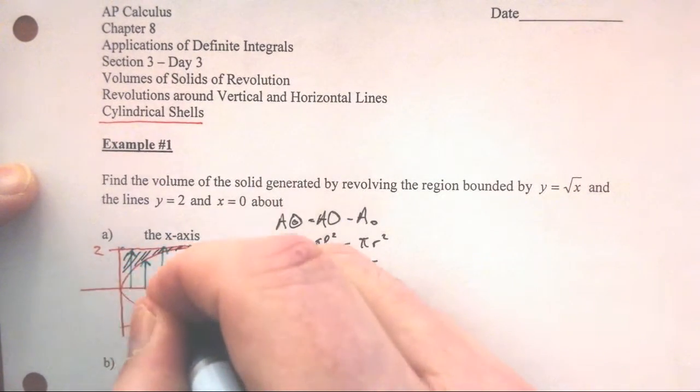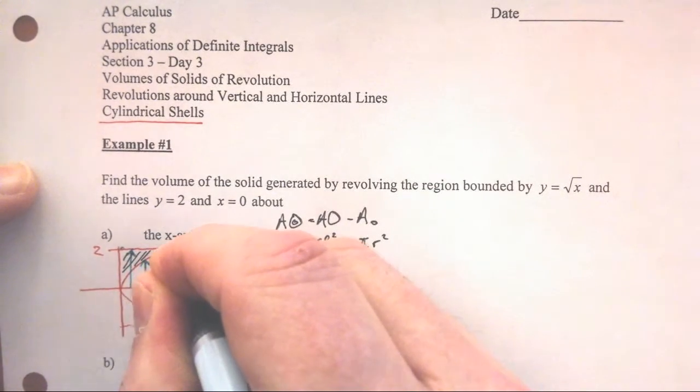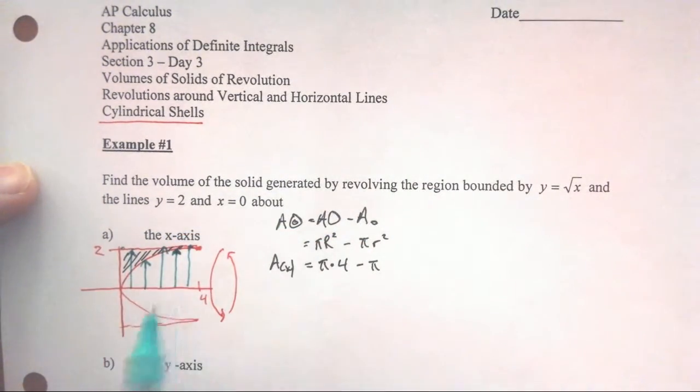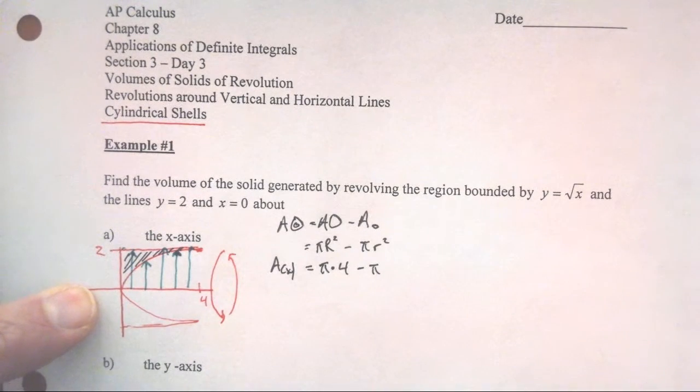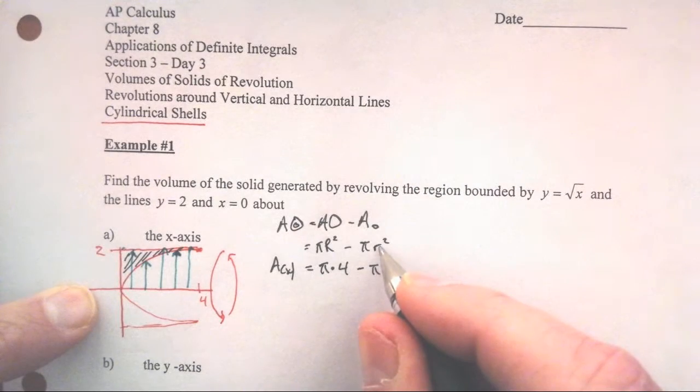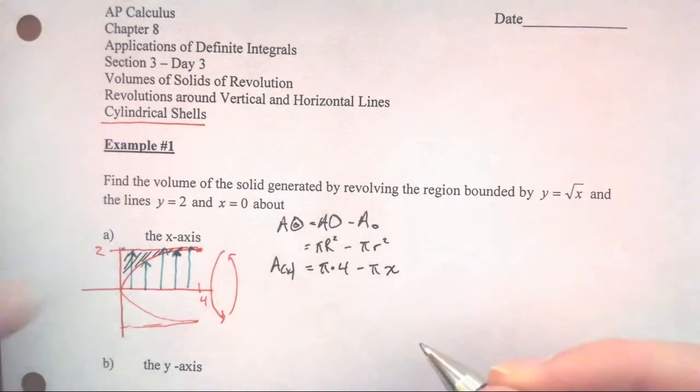That's this. It varies. And that is square root of x. So that would be square root of x squared, x.